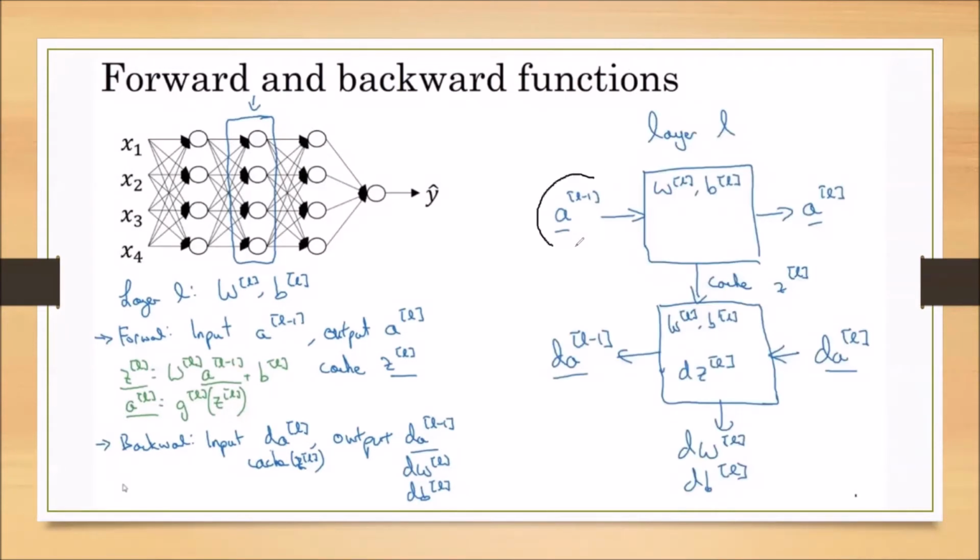We are taking A[L-1], the activation units of the (L-1)th layer, to calculate the activation unit outputs of A[L], the Lth layer. For that, we are taking W[L] and B[L].